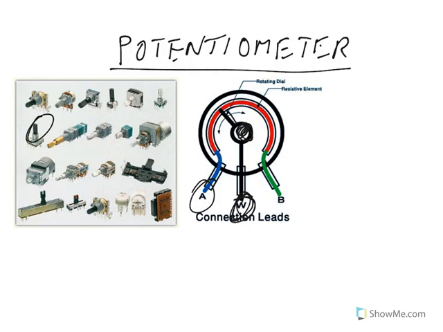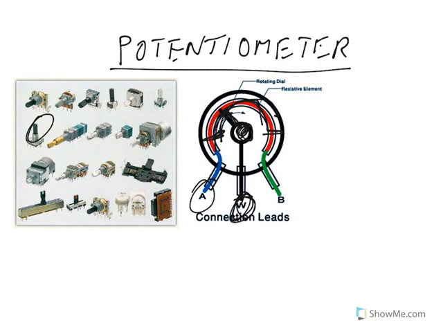And so what happens is this part of it can move. If you twist it, you can move it left or right, and moving it left or right changes the position it is on that red resistor. So if it's up here, there's less resistance. If it's up here, there's more resistance. So that varies the resistance, and so therefore we can change that resistance easily.